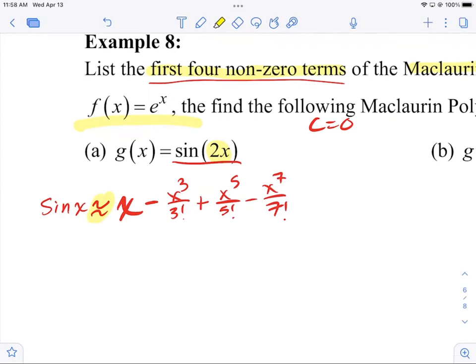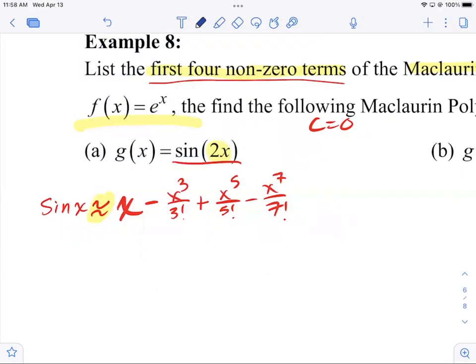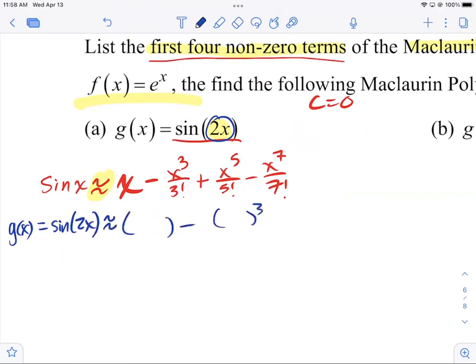Okay. Well, let's go ahead now and substitute x with 2x. So I'm going to now put g of x, which equals sine of 2x, is going to be approximately parentheses minus parentheses cubed over 3 factorial plus parentheses to the 5th over 5 factorial minus parentheses to the 7th over 7 factorial.